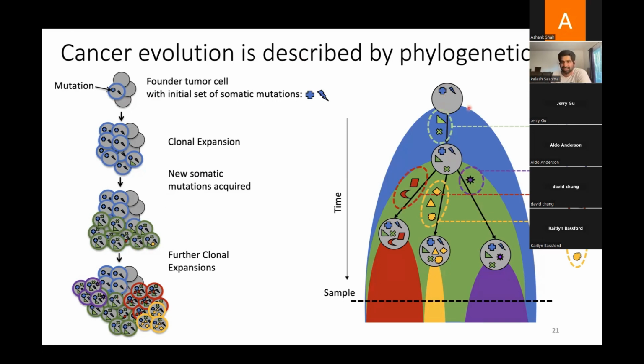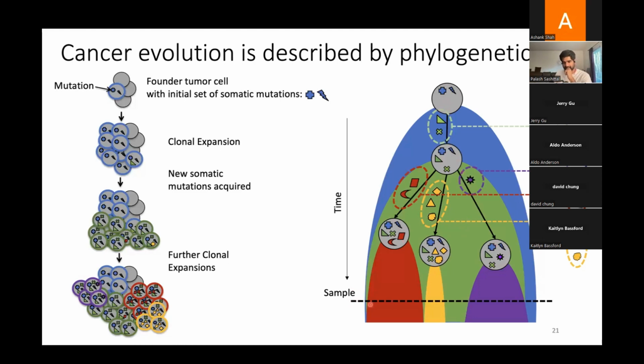So you have your parent node that had certain somatic mutations where the cancer started, and then the daughter node that has some additional mutations, which were then passed on to its children, right?